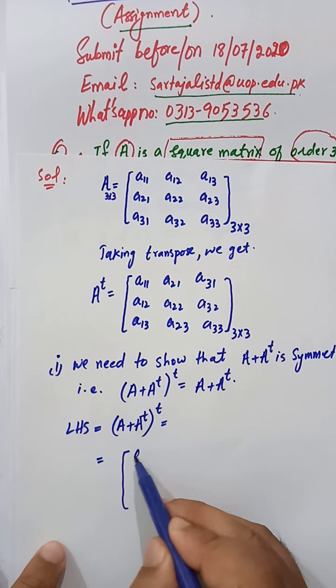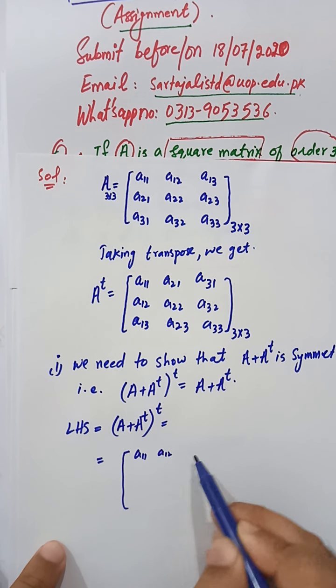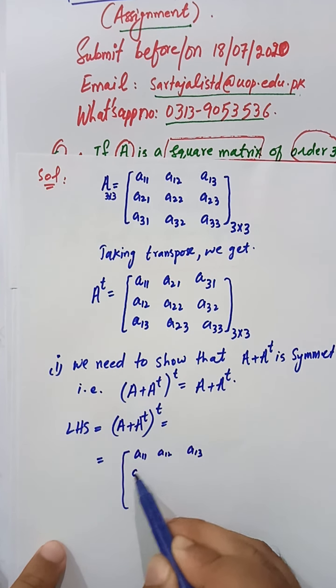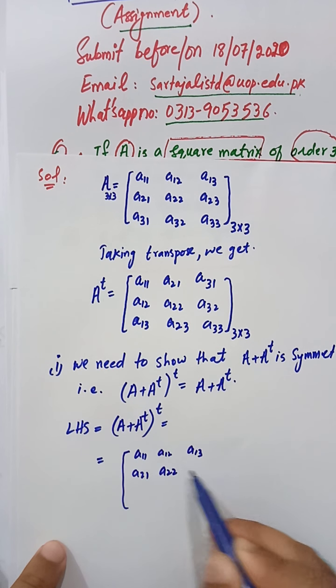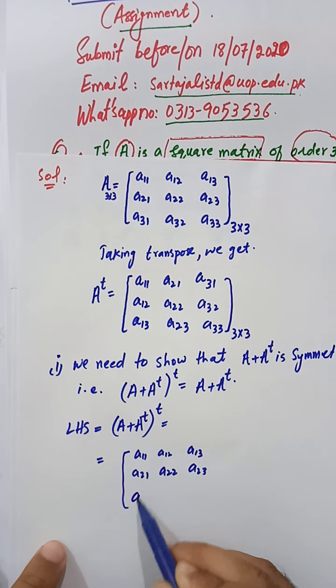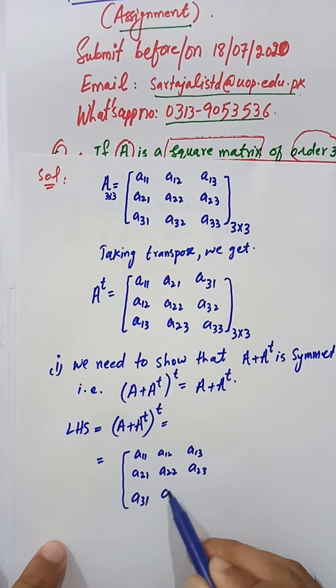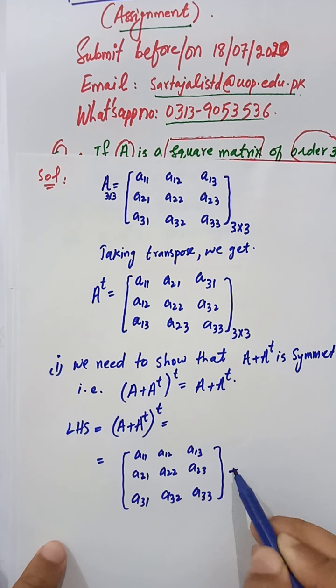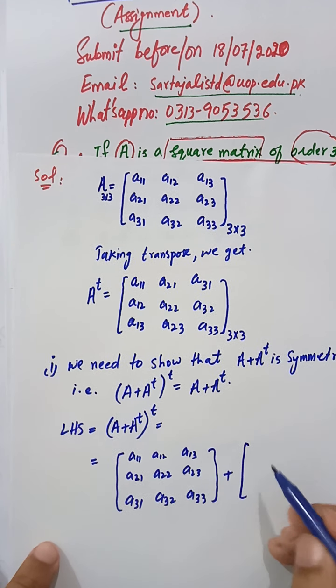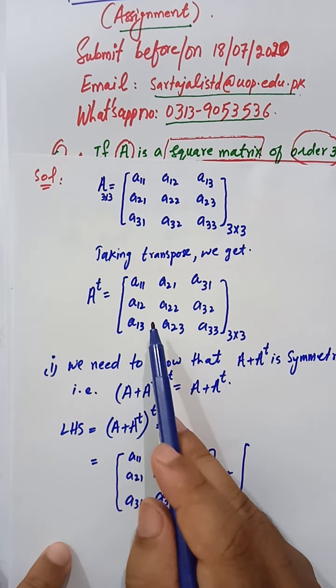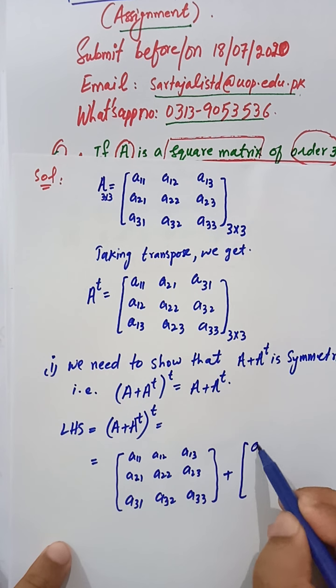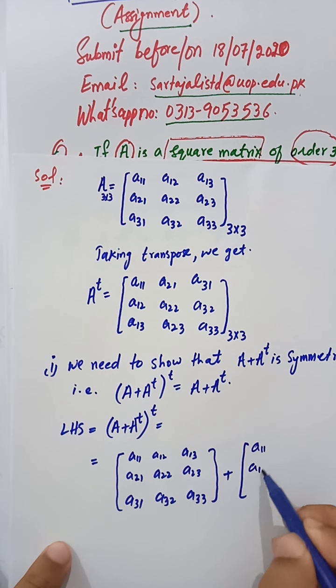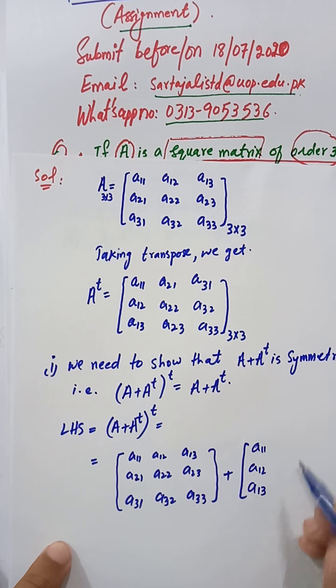So this can be written as matrix A, which is A11, A12, A13, A21, A22, A23, A31, A32, A33. This is matrix A plus. Here we will write out A transpose matrix, which is A11, A12, A13, A21.